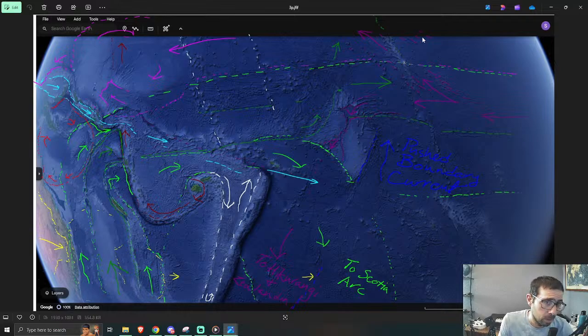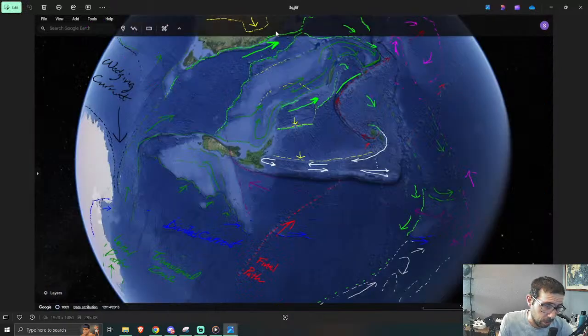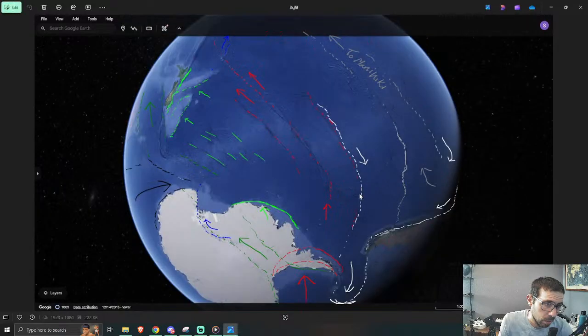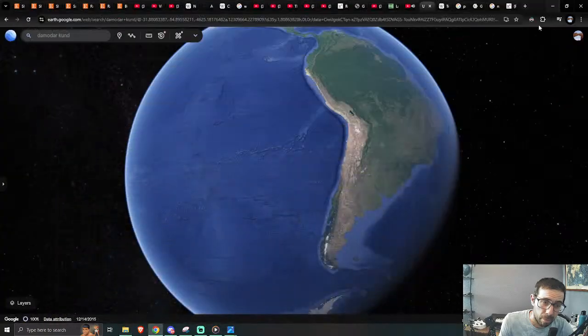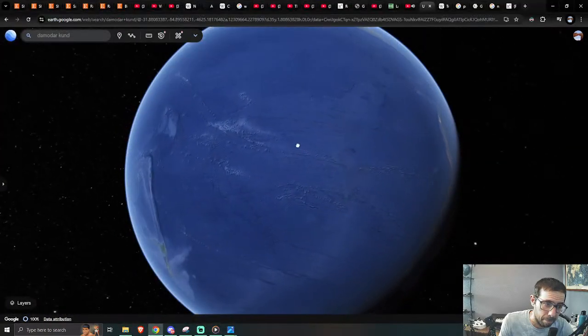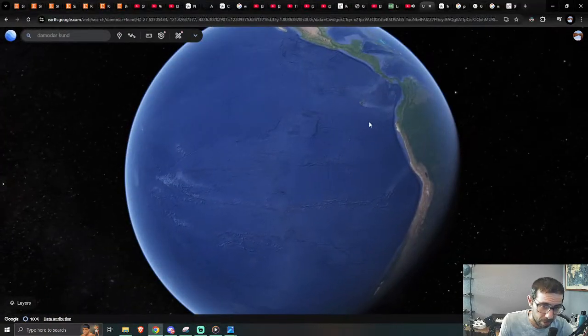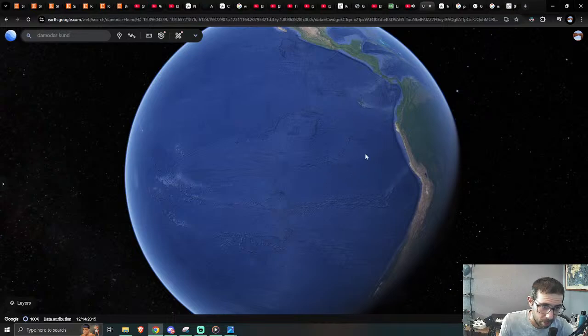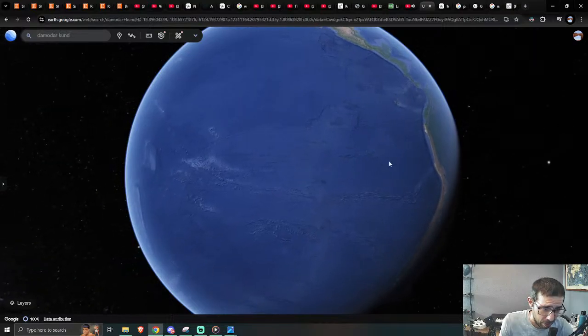More currents involved. So there's currents though going up that way, that are wrapping this way and back to Manihiki. Wrapping around here.